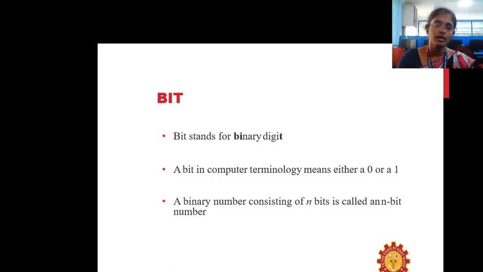Zeros and ones are the machine understandable language. The bit in computer terminology means either 0 or 1, so two elements. And next is the binary number, which consists of n bits, also known as an n bit number. Here n stands for the pattern, the size of the numbers.